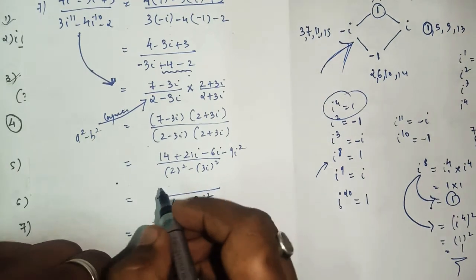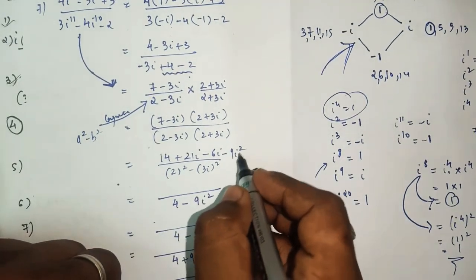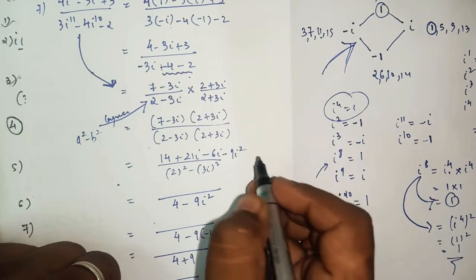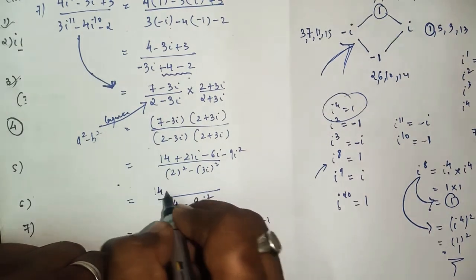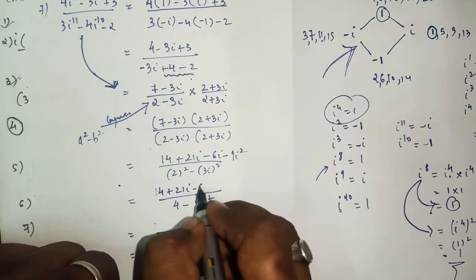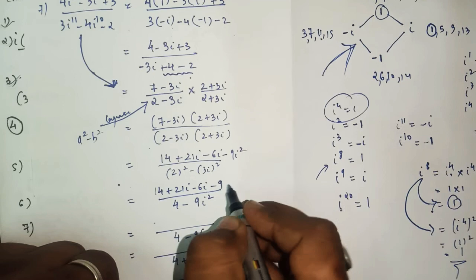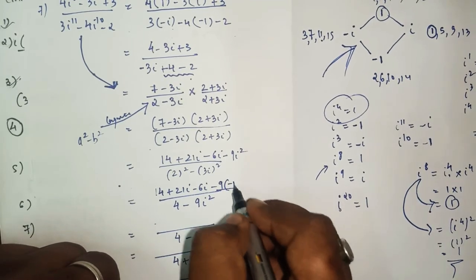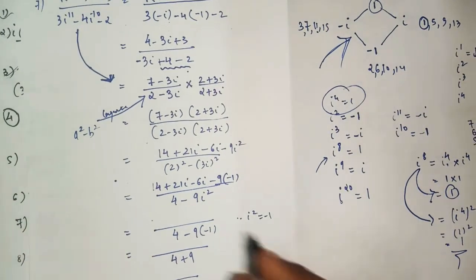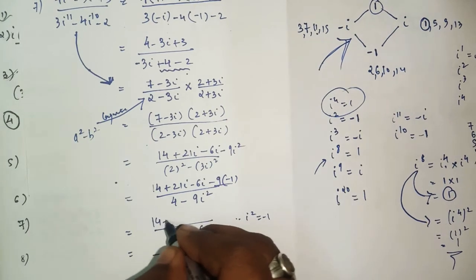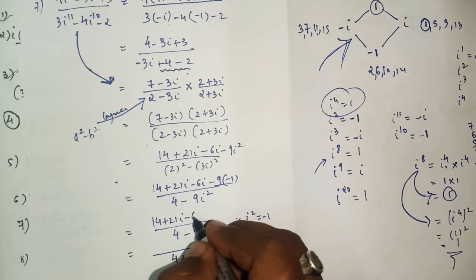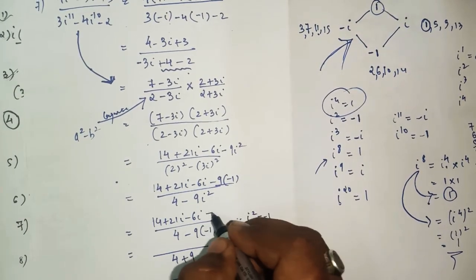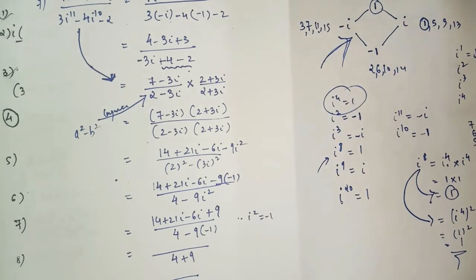Okay, so now the next part, as we know that we have to replace the value of i square as minus 1. So this will be 14 plus 21i minus 6i minus 9, in place of i square I can write minus 1. Now 14 plus 21i minus 6i, minus minus plus, 9 ones are 9.